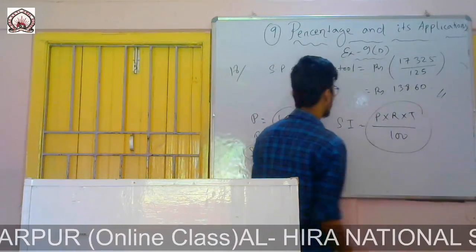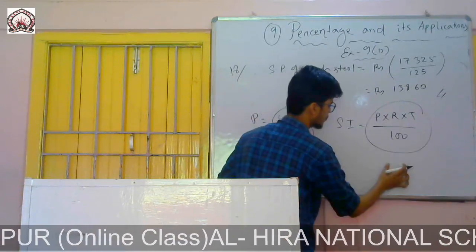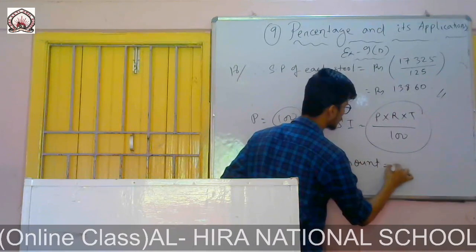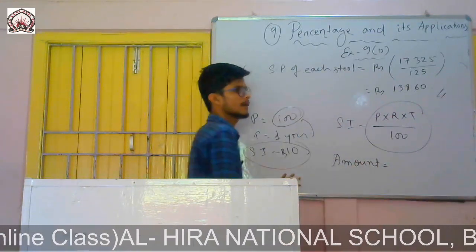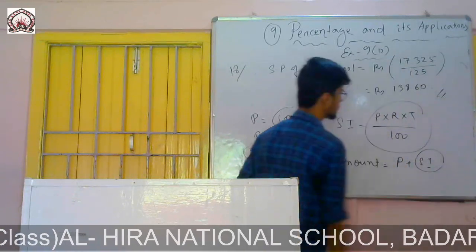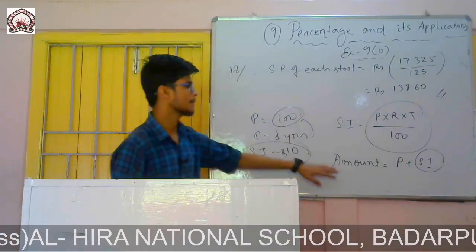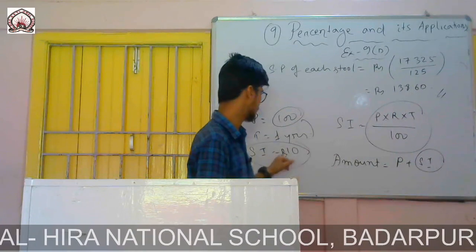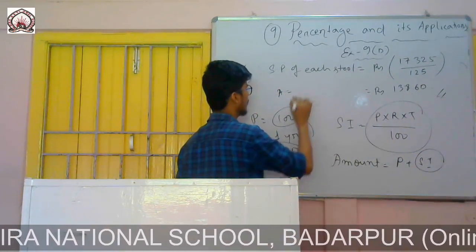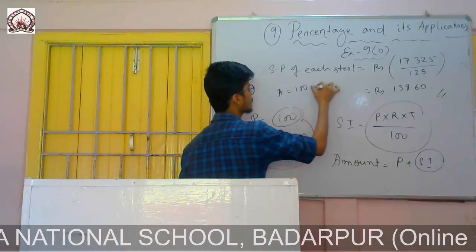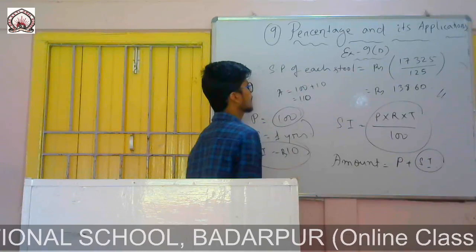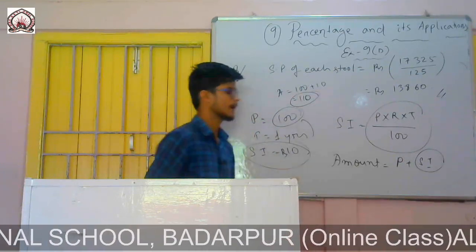From there you will get one value, and the total amount the person will return equals principal plus simple interest. So amount will be principal plus SI. If SI is rupees 10, then at last he has to return me the amount. I gave him 100, he has to pay me rupees 10 extra. That means the amount will be 110.